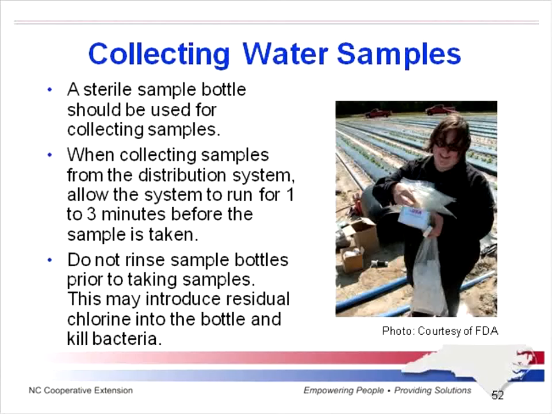Don't rinse that sample bottle prior to taking the sample. Of course, it's a sterile bottle, so it should remain sterile until the sample is placed in it. And try not to introduce any residual chlorine, for example from rinsing the bottle, into there, which may contaminate or kill the bacteria in the sample you're taking.